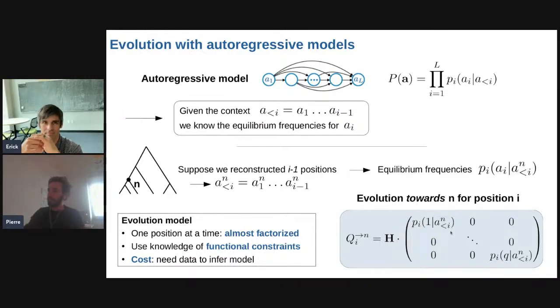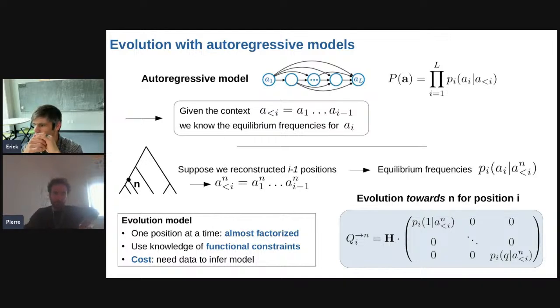At this point, I have an evolutionary model for each branch of the tree, but for my second site. And then you proceed your way along. Exactly, so it's one position at a time. It's just not parallelized, because each position depends on what you've reconstructed before.